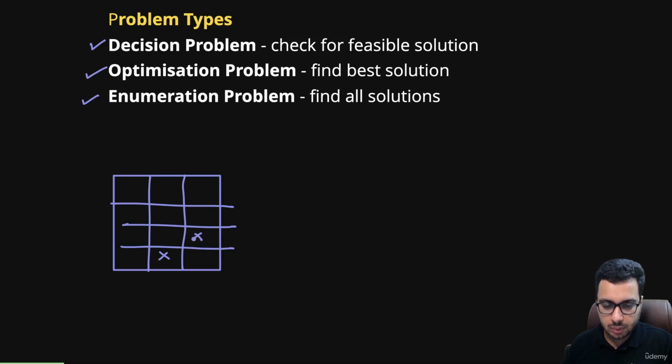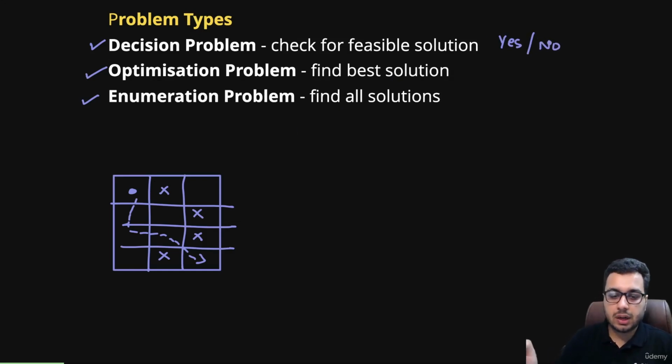Maybe this cell is blocked, this is blocked, this is blocked, and this is blocked, and you're standing here and you want to tell me whether it is feasible to start from this cell and reach this particular cell. So this is like checking for a feasible solution. You have to tell yes or no whether a solution is possible or not.